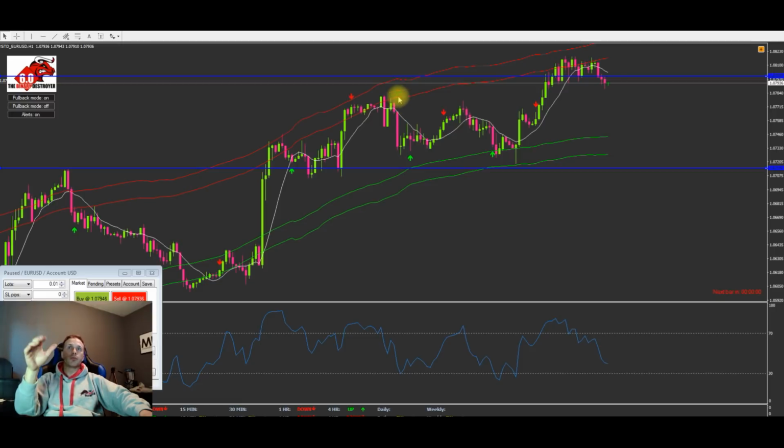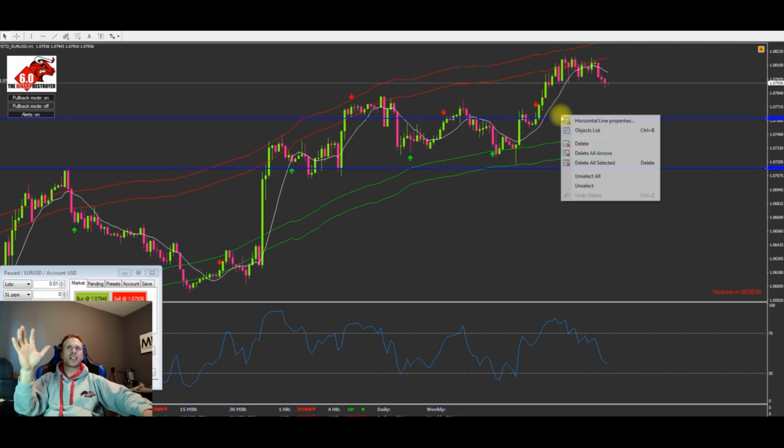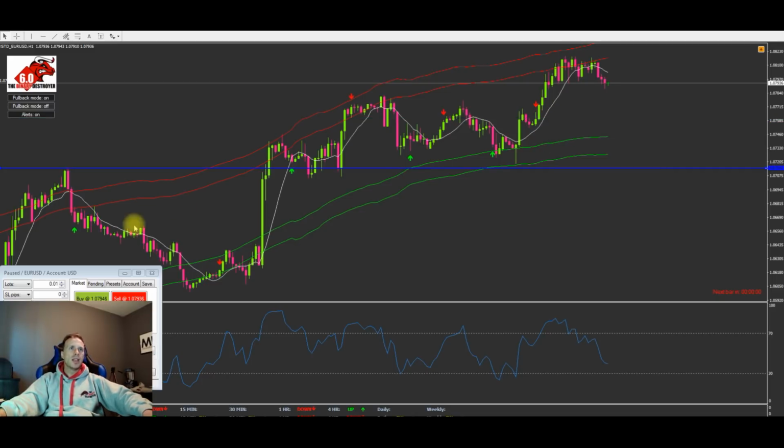What I would have maybe done if this was live is obviously bring my stop loss down to break even, where for me it would become a risk-free trade. I'm either going to make money or break even. But just for the purpose of this, we say we lost this trade, okay? So we'll carry on and see what happens.